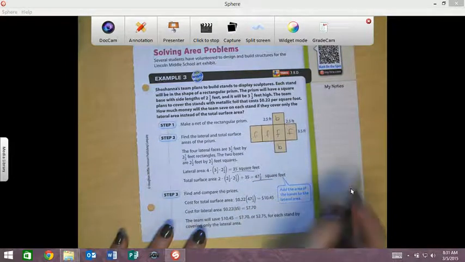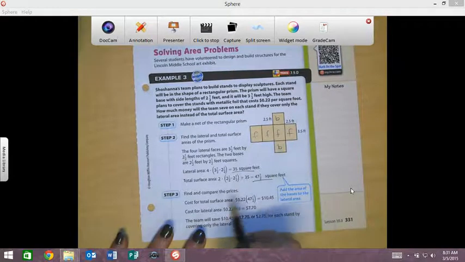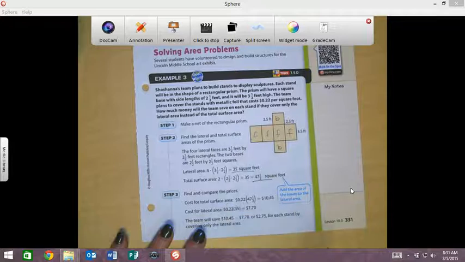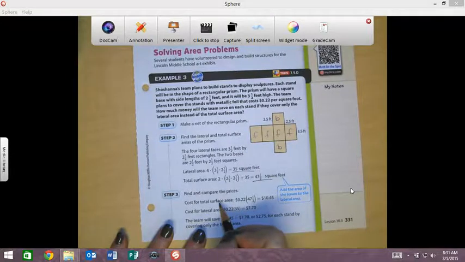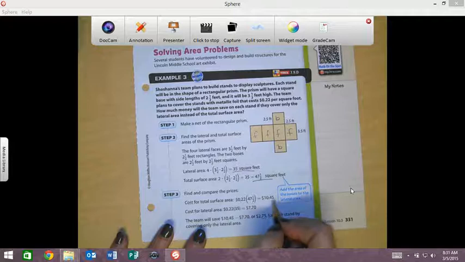So now we need to find the prices for each of those. Our total is going to be 22 cents times 47.5. Now I would change this to 47.5 to make your life easier. So 22 cents times 47.5 is going to give you 10.45.